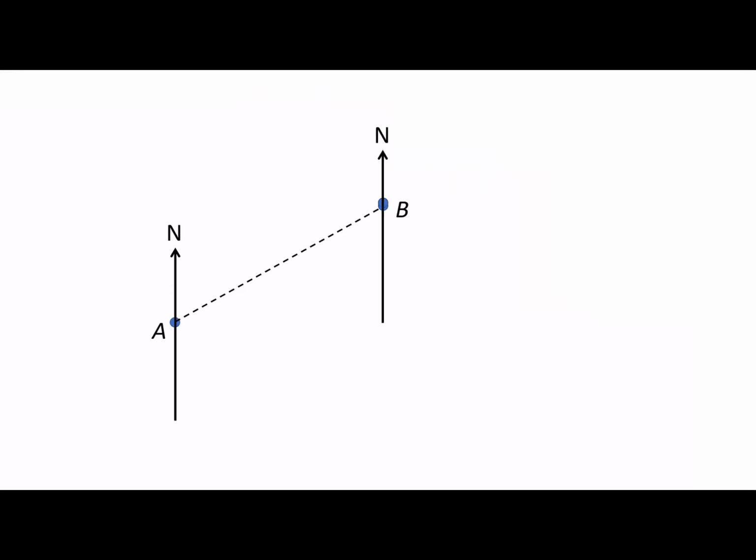Now, this chapter on bearings will involve parallel lines. If you draw the north lines at A and B, these two north lines are parallel. And recall, if they are parallel, you can use alternate angles, interior angles, corresponding angles. So how do we locate them? This angle is the same as this angle because they are alternate angles. Here is the same as here, also alternate angles.